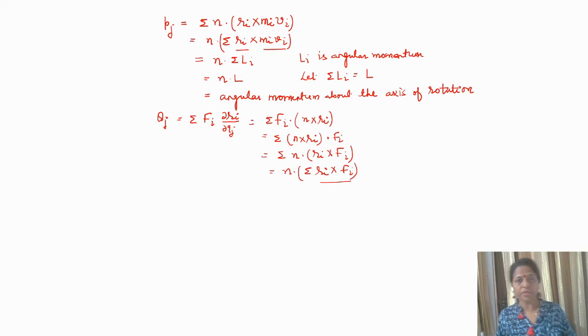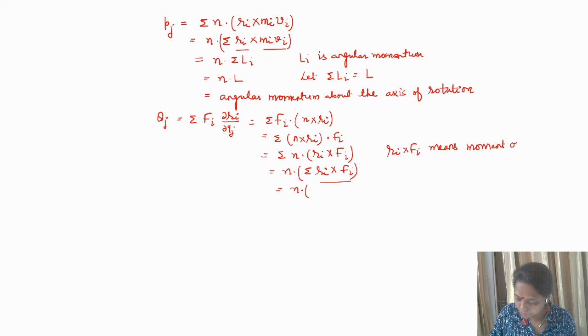What is this Ri cross Fi? Fi is the force, and when it is crossed with Ri, it is the moment of force. So n into, and what is moment of force? It means torque. There is a standard notation for it.